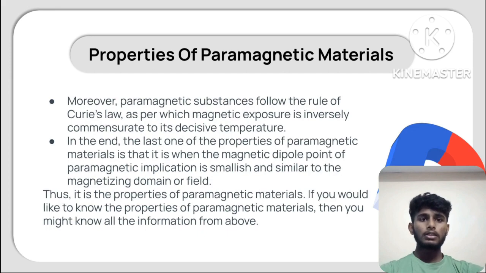Moreover, paramagnetic substances follow Curie's law, as per which magnetic susceptibility is inversely proportional to absolute temperature. In the end, the last property of paramagnetic material is that the dipole moment of a paramagnetic material is small and in the direction of the magnetizing field.